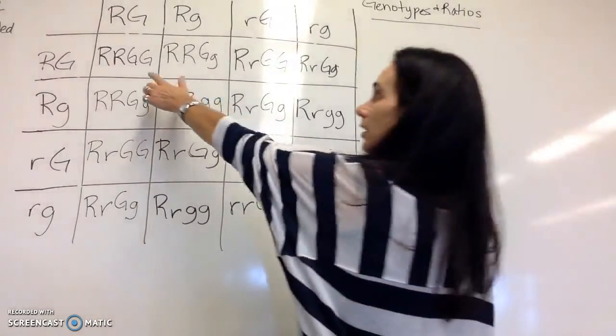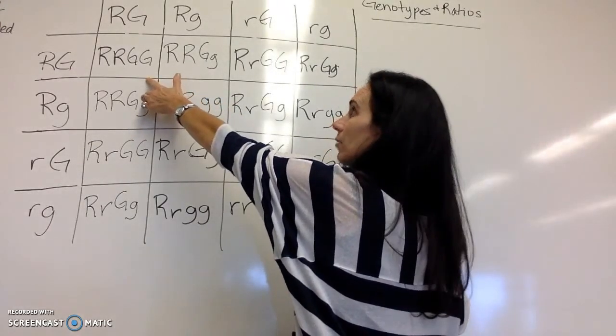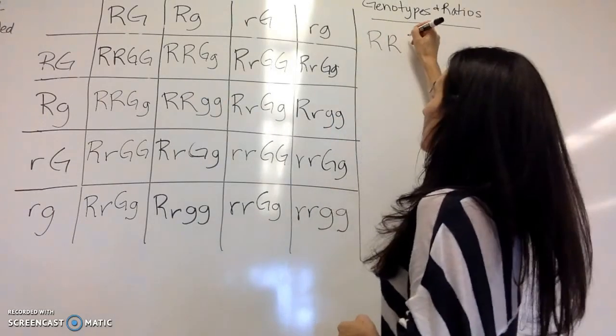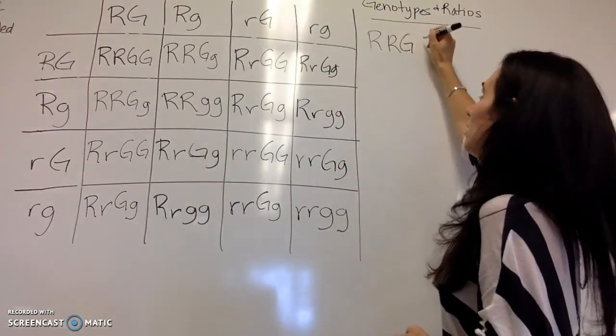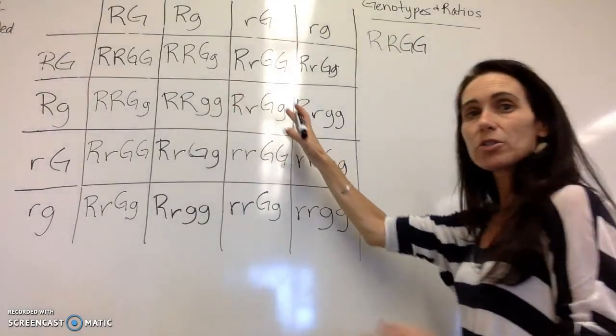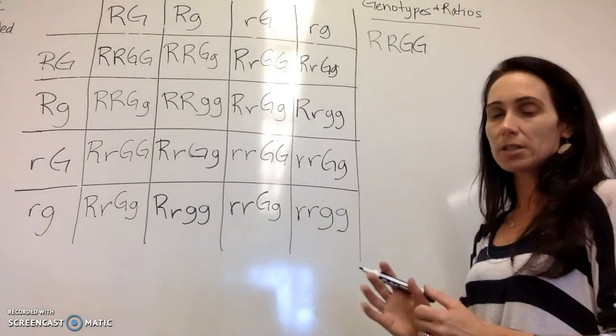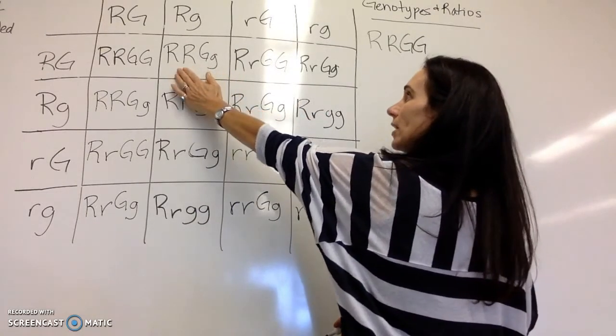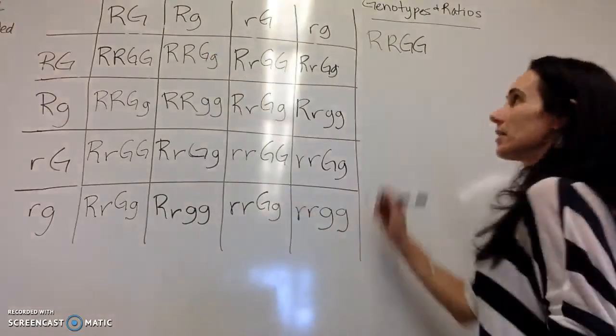So we'll just start with this upper box, and we've got homozygous dominant with homozygous dominant, okay? And we just move through the box and just write down each different genotype that we encounter. So here we've got homozygous dominant with heterozygous dominant.